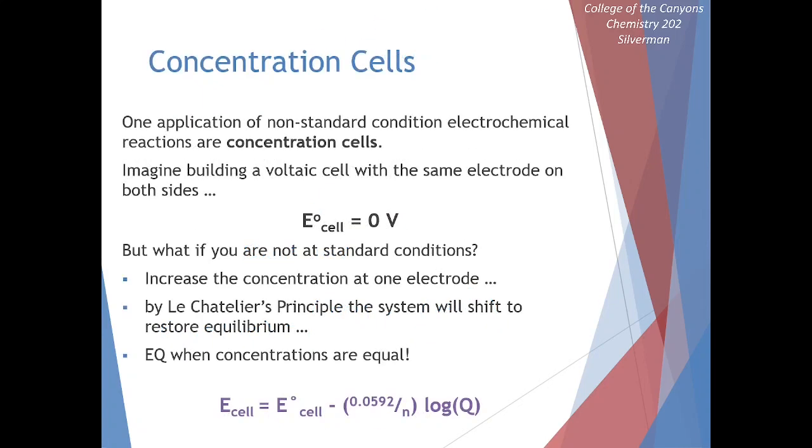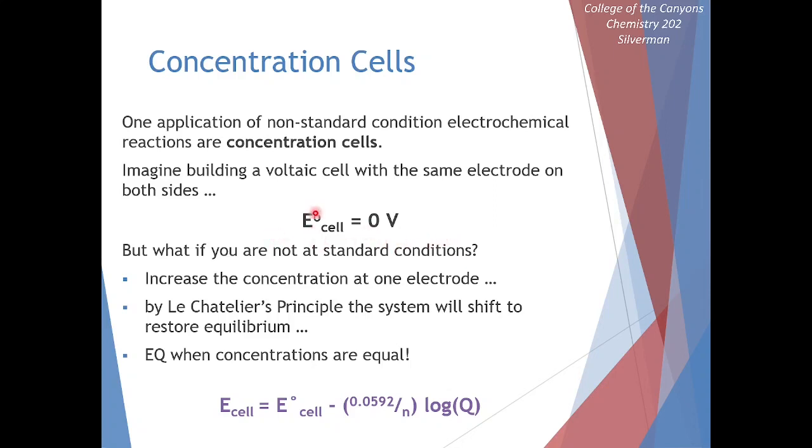One special case of these non-standard conditions is known as a concentration cell. This is where we try to build a voltaic cell using the same exact electrode on each side. If we have the same electrode on each side, we'll have the same reduction potential and oxidation potential.